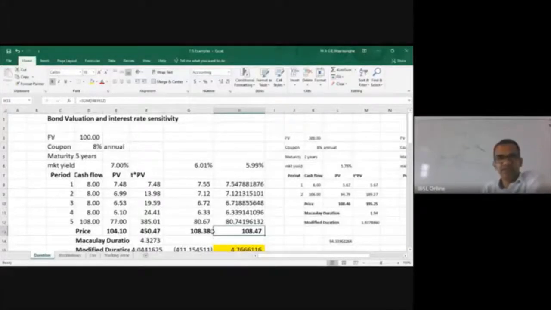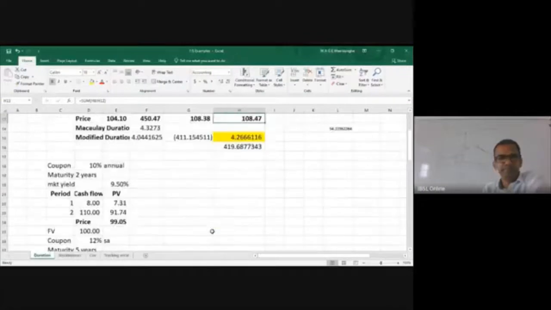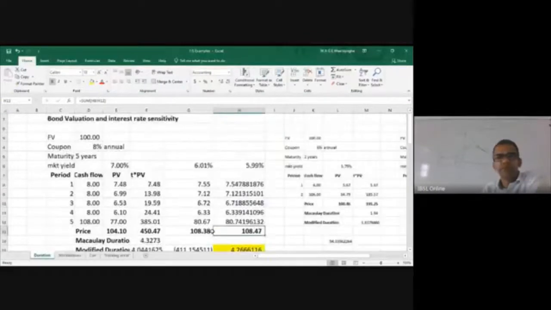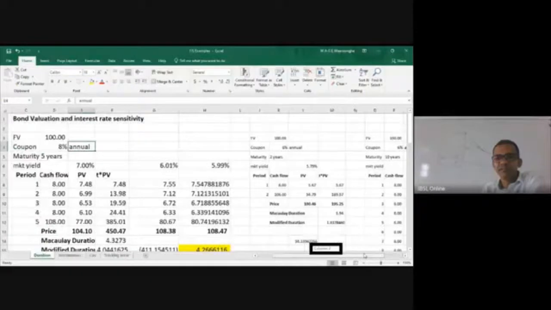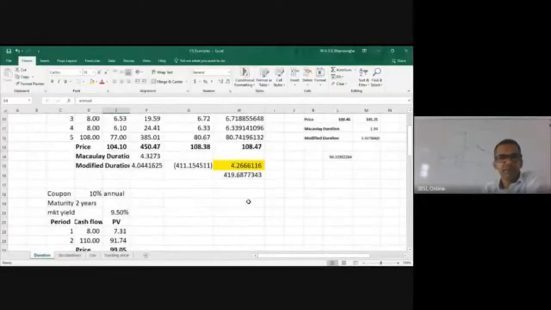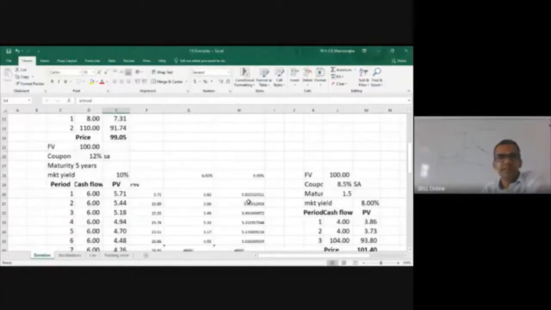But one thing to remember: in this example, we use an annual coupon. But if we use semi-annual coupons, the picture would be somewhat different.